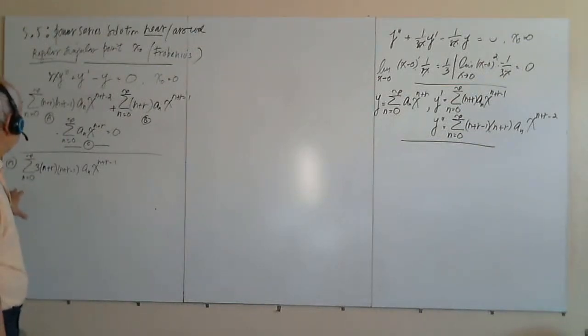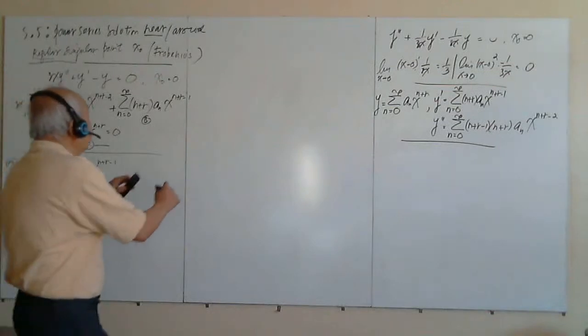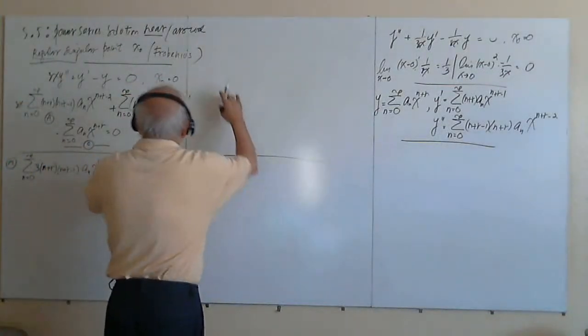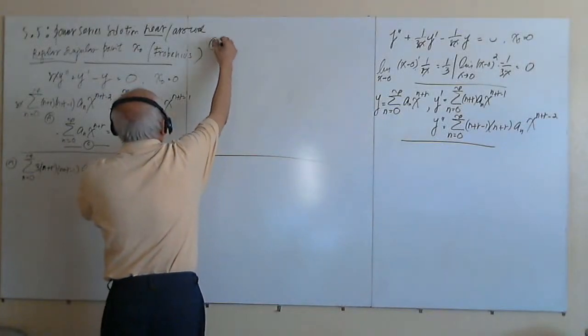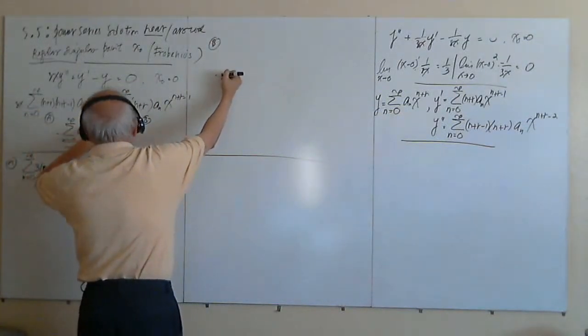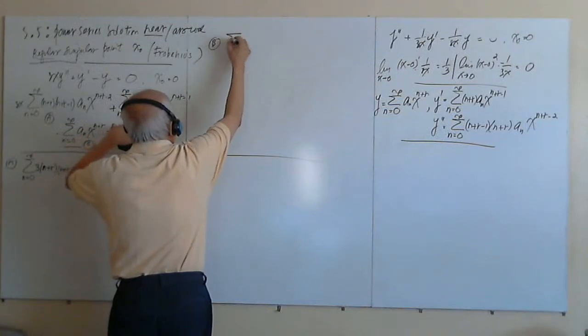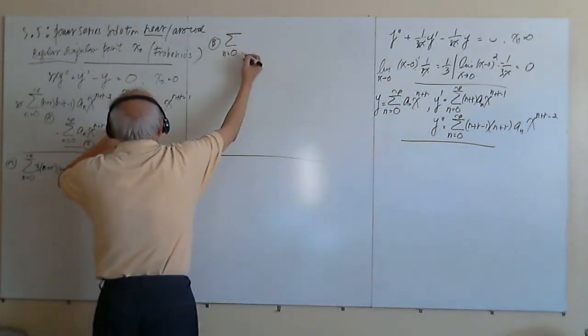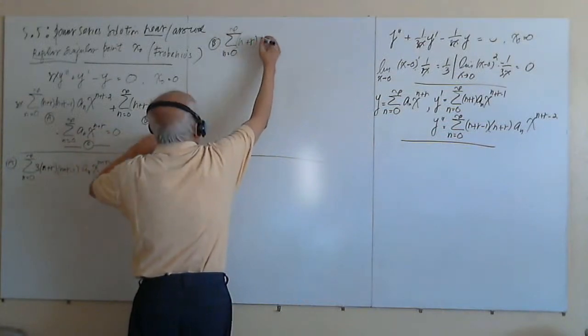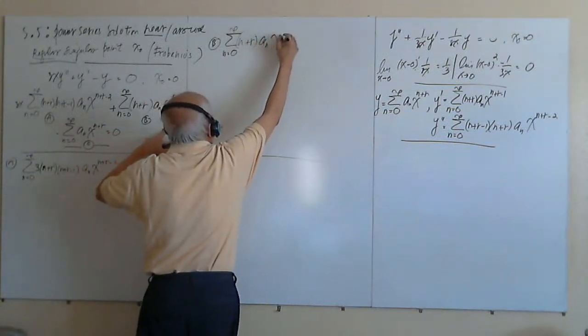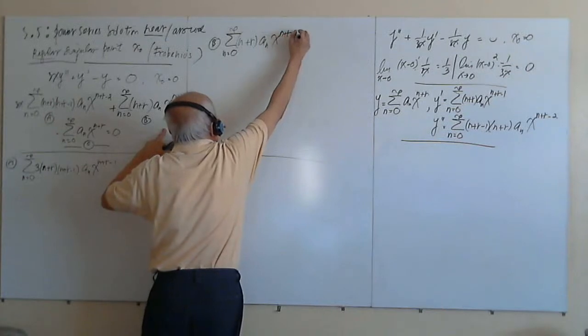I don't want to do anything yet because I would like to make a comparison before I make my move. So this one is the space for B. The B here is going to be this one: sigma, sum n equal to 0 to infinity, n plus r, a sub n, x to the n plus r minus 1.